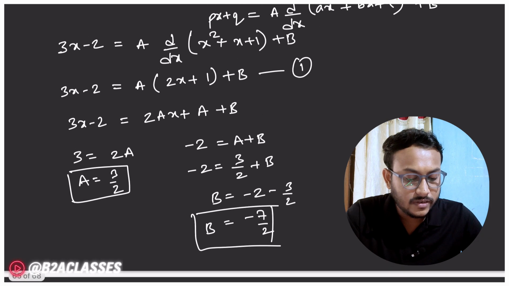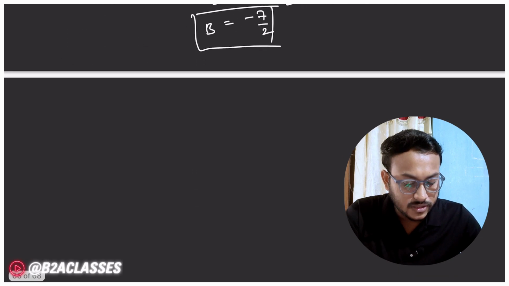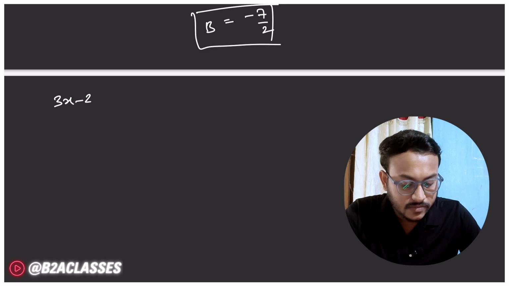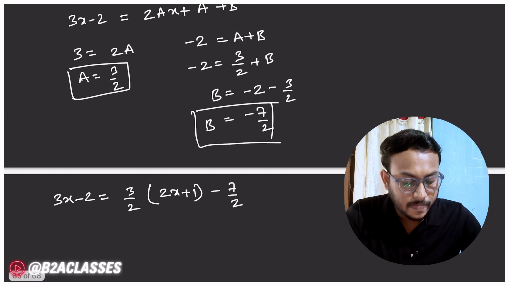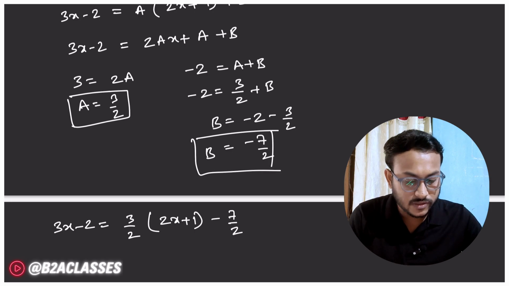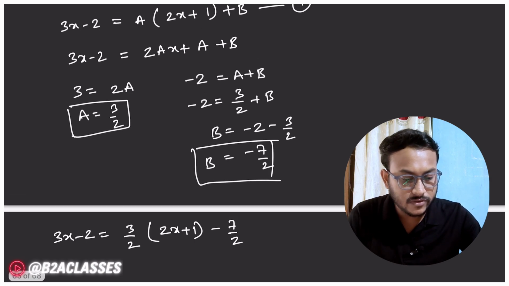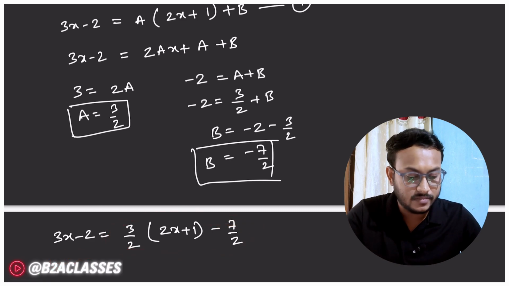Now we will put the values of a and b in equation number 1. So the equation becomes 3x minus 2 equals a, which is 3 by 2, into 2x plus 1, plus b, which is minus 7 by 2. Now we have to substitute this in place of 3x minus 2 in the integral.